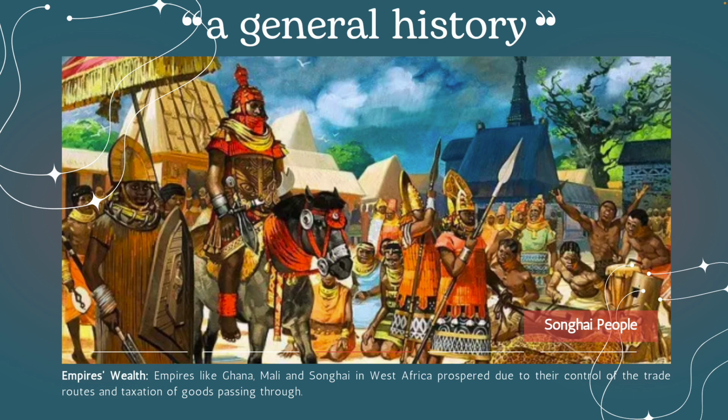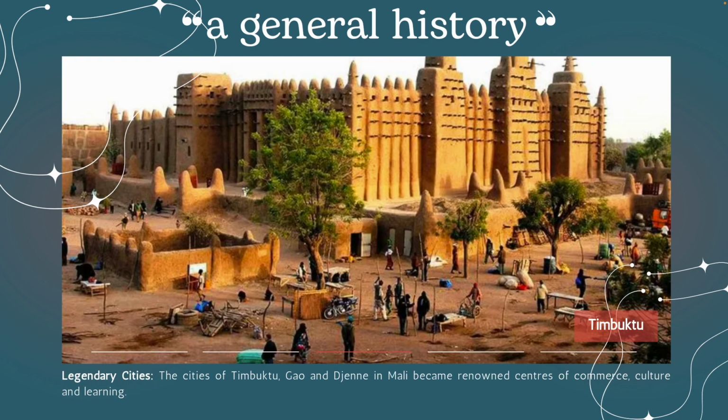Another prominent city that features in the Trans-Saharan trade is Timbuktu, which we looked at under Mansa Musa. So Timbuktu was located on the southern edge of the Sahara Desert and 6 miles north of the River Niger.